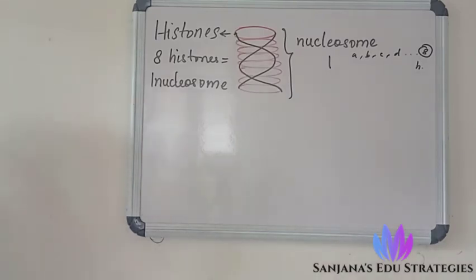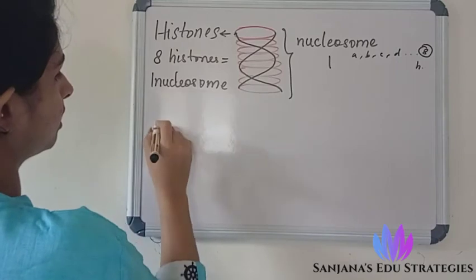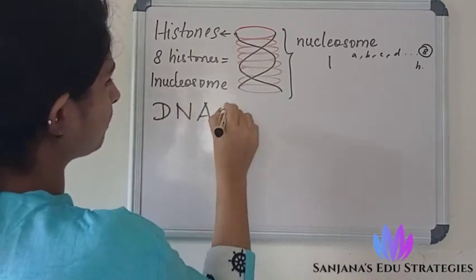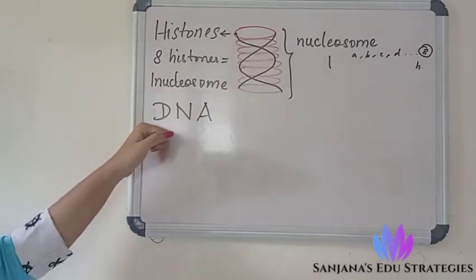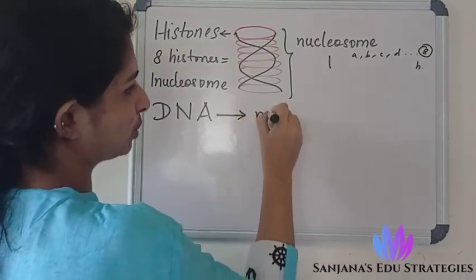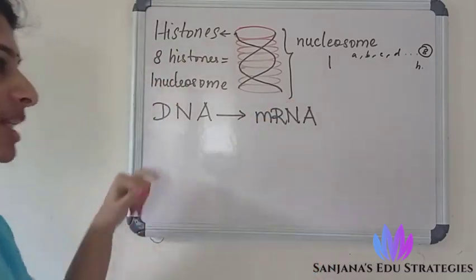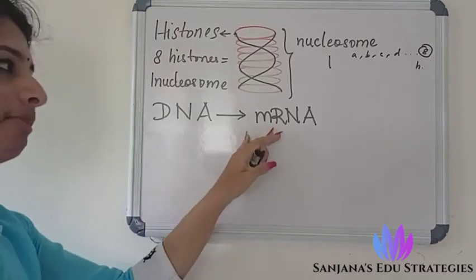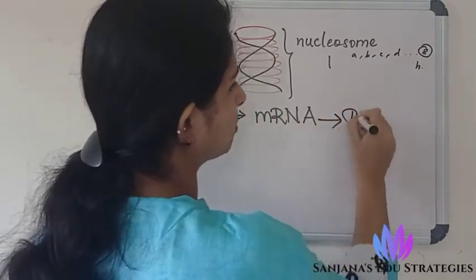First you have to understand that DNA is present, and this DNA will pass a message to mRNA. Passing a message means it is passing some information to mRNA. This mRNA will carry that information and go to ribosomes.